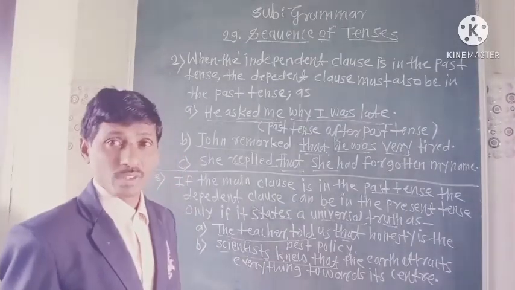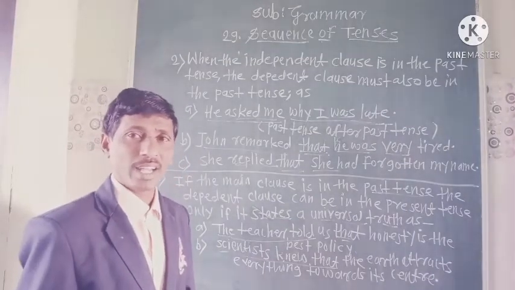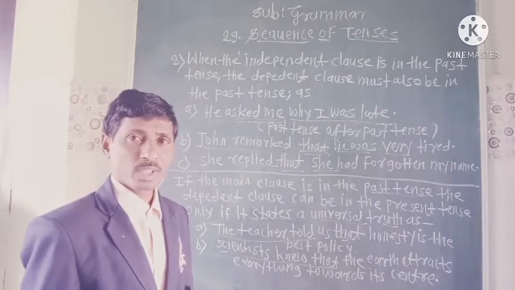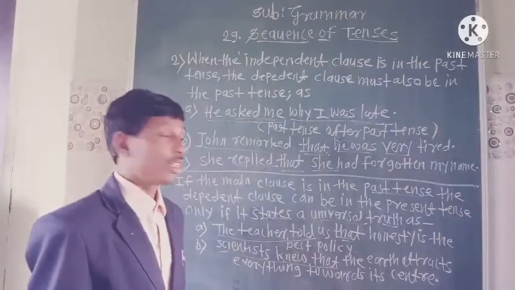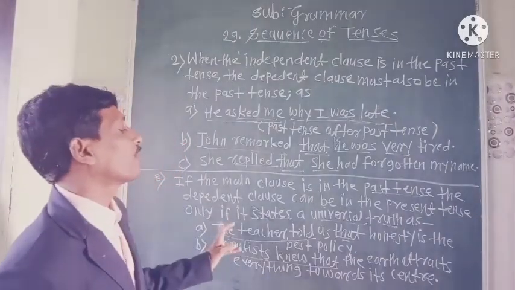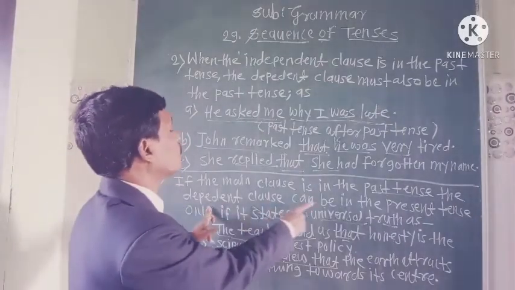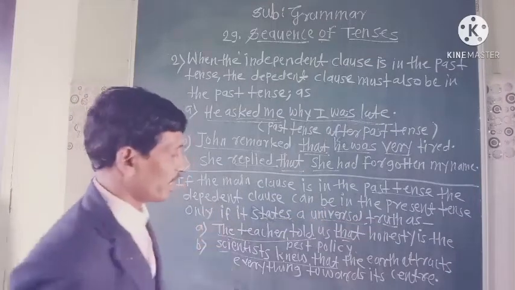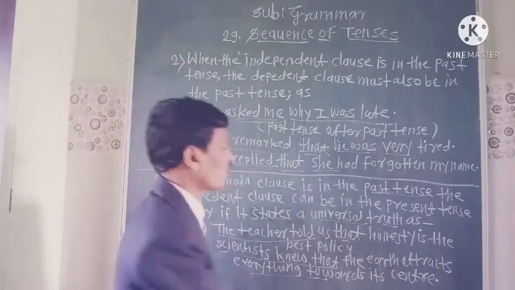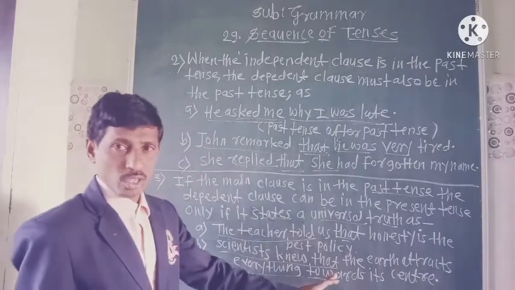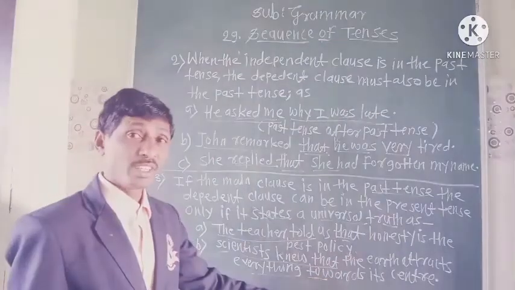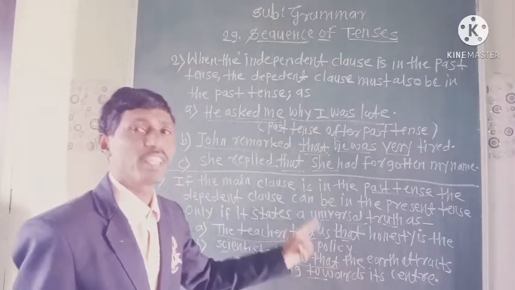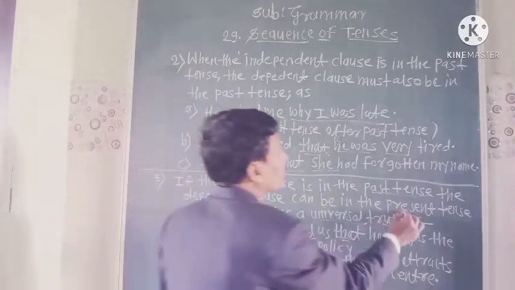So whenever there is a universal truth, like in many examples, the dependent clause can be in the present tense. When it is a universal truth, it will be in present tense.